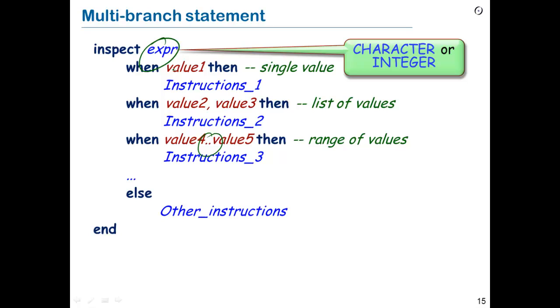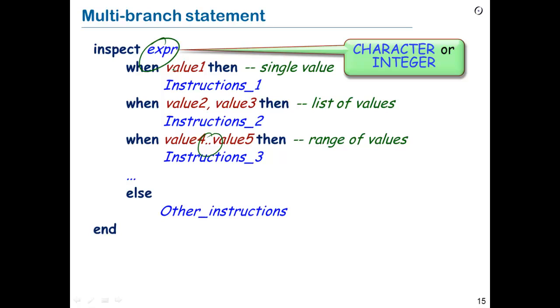This is the difference between an inspect and an if, then, else if, else if, else if. It's that with this if form of the conditional, we are going to stop at the first condition that evaluates to true and execute the corresponding instruction. So the order matters. 2 of the conditions could be true.